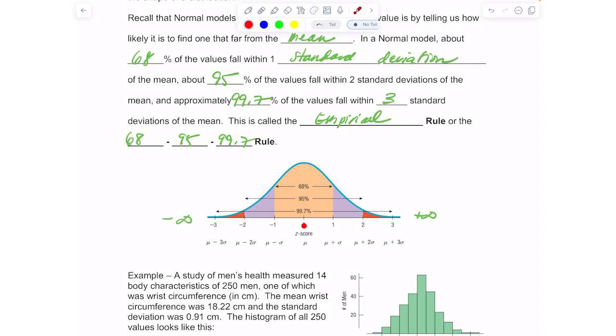That's our standard normal model, and our standard deviation is 1. So we can see 3 standard deviations above the mean all the way to 3 standard deviations below the mean. What's special about the normal model is approximately 68% of the values will fall within 1 standard deviation of the mean, 95% will fall within 2 standard deviations of the mean, and then 99.7% fall within 3 standard deviations of the mean. And that's helpful when we're trying to make some estimations.